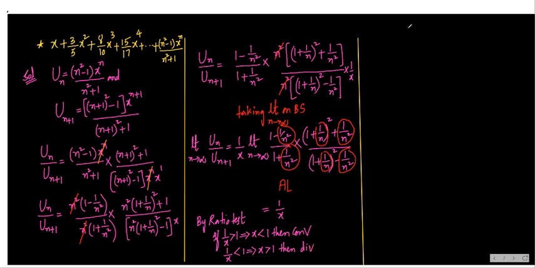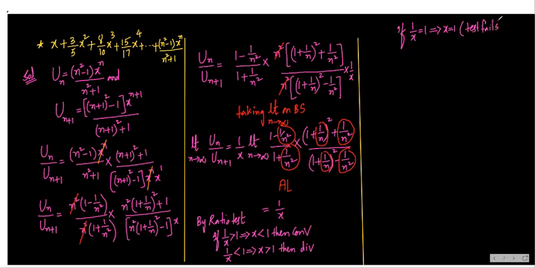And the third line, if 1 by x is equal to 1, which implies that x is equal to 1, the test fails.